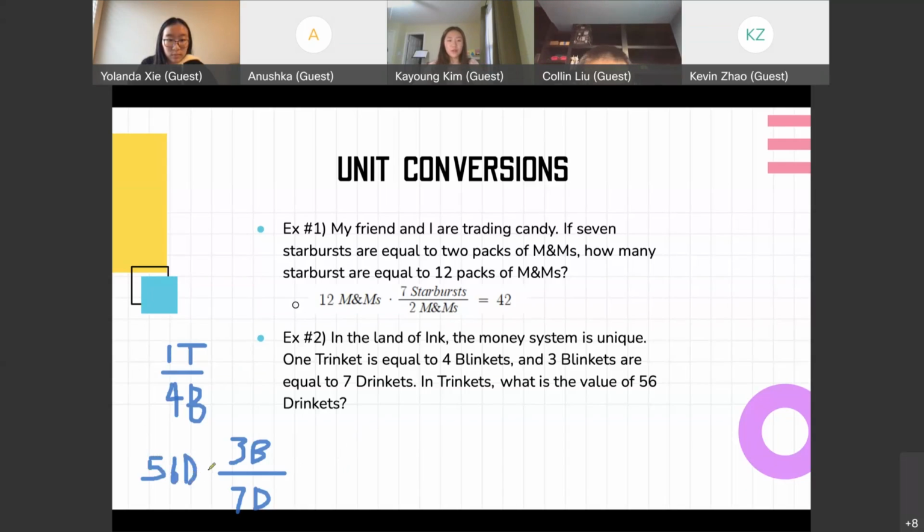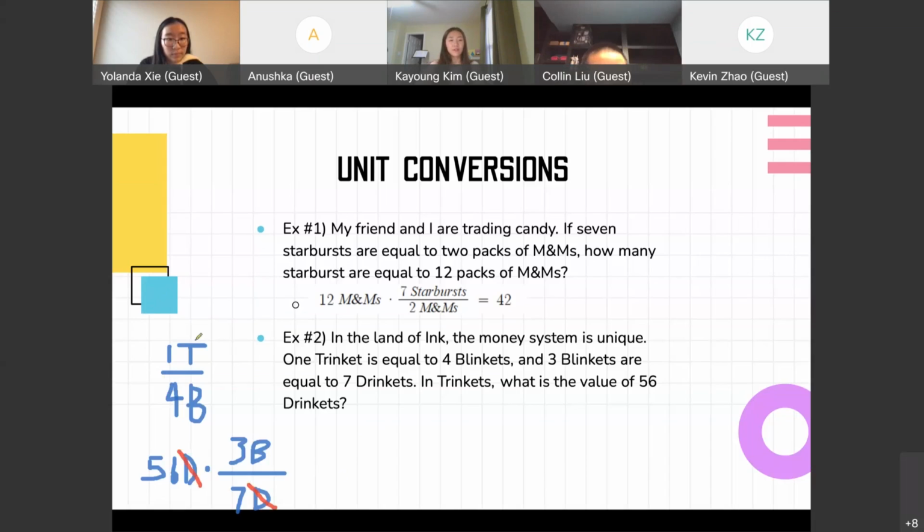First, you will start out with 56d, so 56 trinkets. Now you're going to multiply our ratios in a way that the units are going to cancel out. What I mean by that is, for example, at the bottom, if we do 56d times 3b over 7d, the d's are just going to be like numbers.